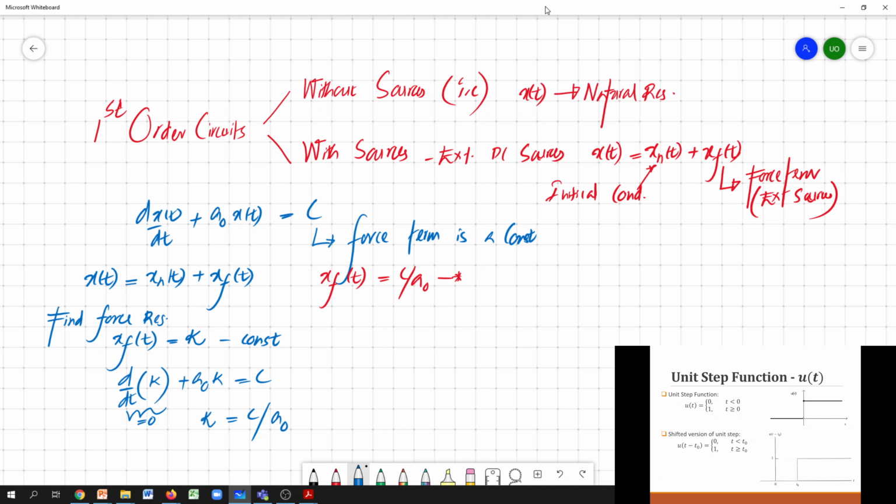You have to start from the very first equation, propose a trial solution, substitute it into the original differential equation, and find the unknown constant. Then we have found the forced response of the circuit. Then we move to the natural response.